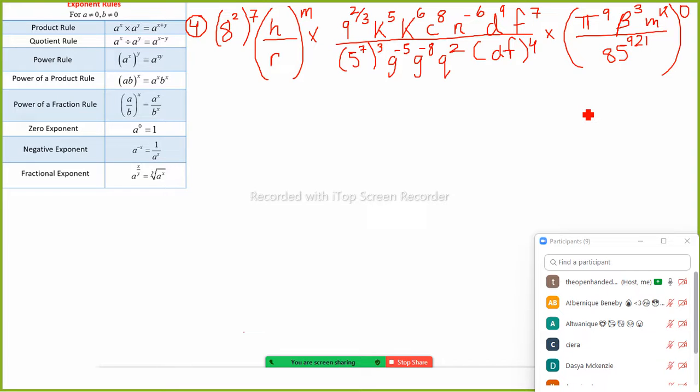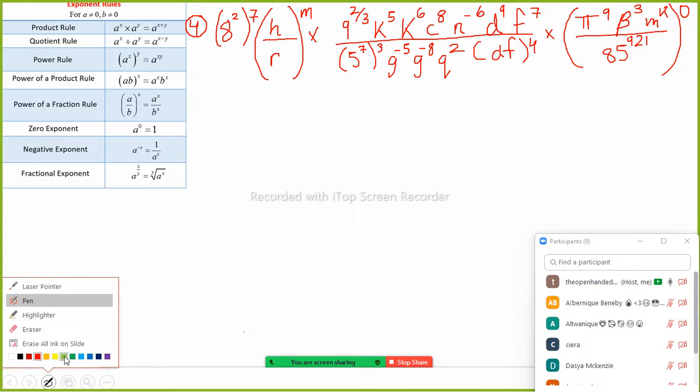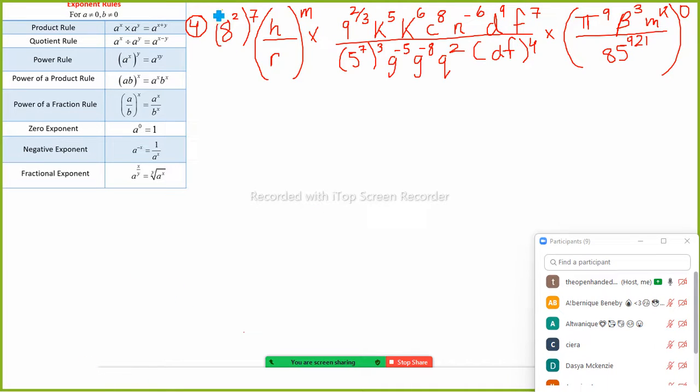Okay, that's time. So we're gonna begin with Albernic. Let's begin with this term, 8 squared to the power of 7. How do we reduce that?